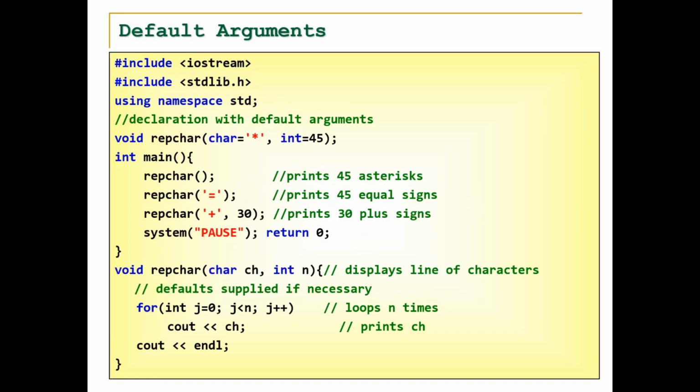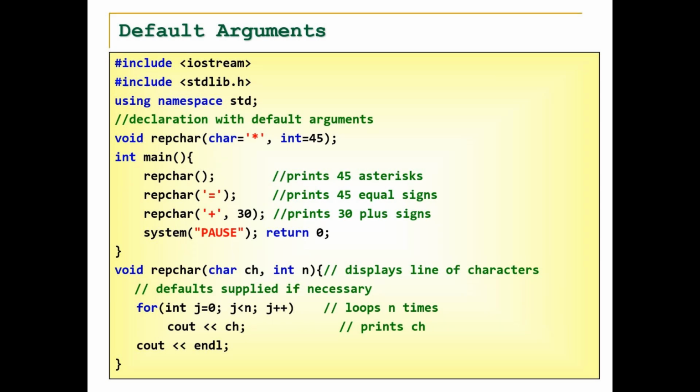It's like ordering pizza without specifying a topping. The default will be used. Call repchar() with no arguments, and you get 45 stars. Feeling spicy? Use repchar('+', 30) and get 30 pluses.